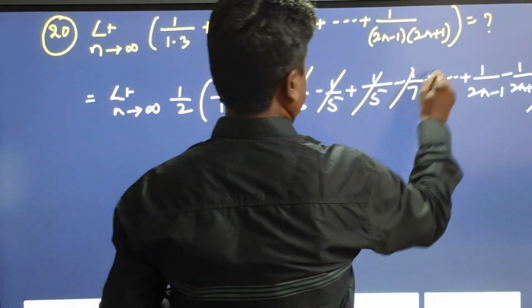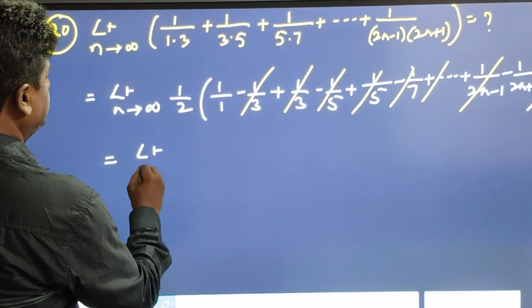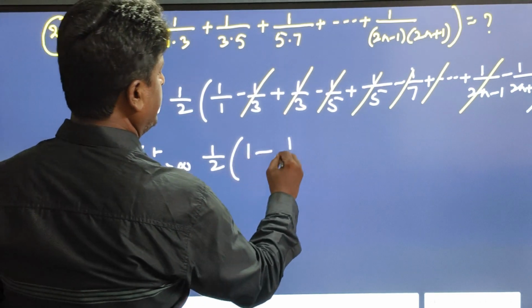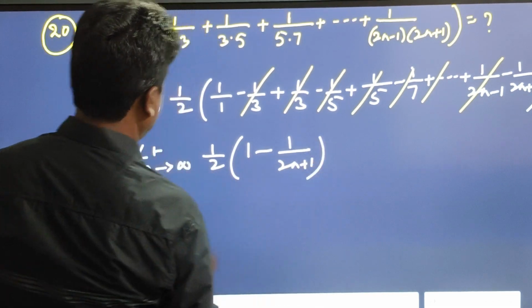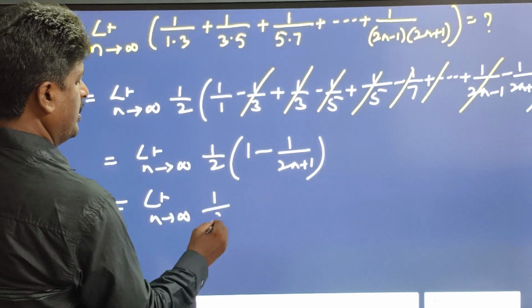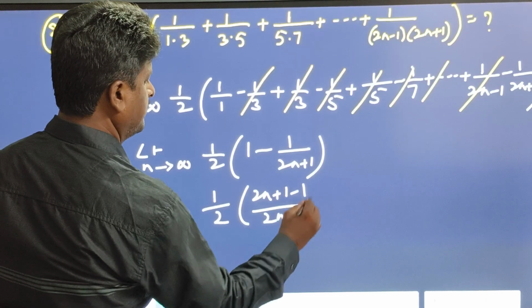Cancelled, cancelled, cancelled, cancelled. So what are the terms left with us? Limit n tends to infinity, 1 by 2 times (1 minus 1 by (2n plus 1)), which is nothing but limit n tends to infinity, 1 by 2 into (2n plus 1 minus 1) by (2n plus 1).